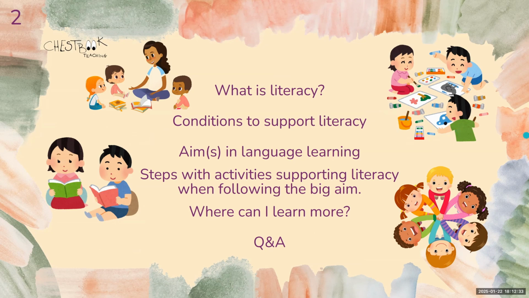We'll also establish what aims in language learning are, because we need to have one big aim as our beacon, not to lose our destination, or else we might get lost in the forest. I'll also show you where you can learn more, and at the end we'll have Q&A where I'll answer any of your questions that come up during the webinar. So if one question arises, please just write it in the chat and I'll answer it at the end.